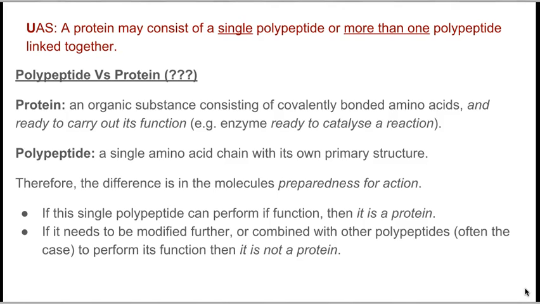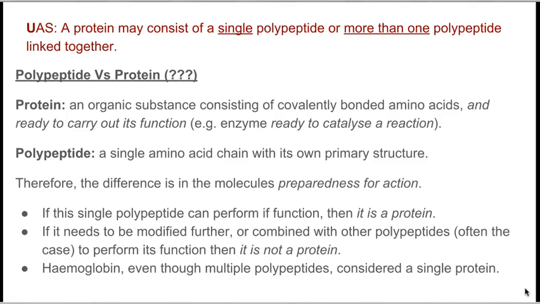However, if this polypeptide needs to be modified further or combined with other polypeptides, as is often the case, for example, hemoglobin, if it needs to do this to perform its function, then it is not considered to be a protein. And another point to note, hemoglobin, as mentioned, even though it's made of 4 different polypeptides, is considered to be a single protein. So that's a good little look at the 2 definitions for polypeptide and protein.